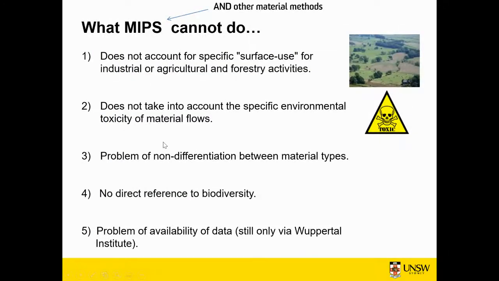And they have limitations. They do not look at different surface uses, so we don't know exactly which type of environment is being impacted. We're talking about how much material is being extracted, but you do not account for where this material is being extracted from. Degrading a pristine forest like the Amazon forest or bushland here is different from degrading an area which is already agricultural area or grassland.